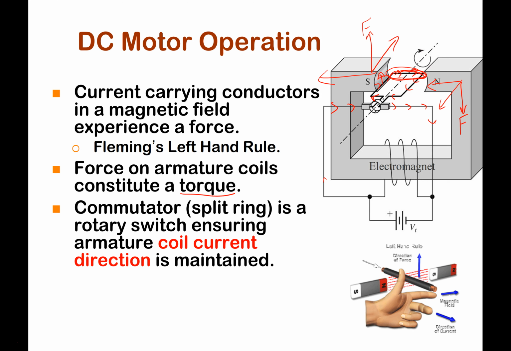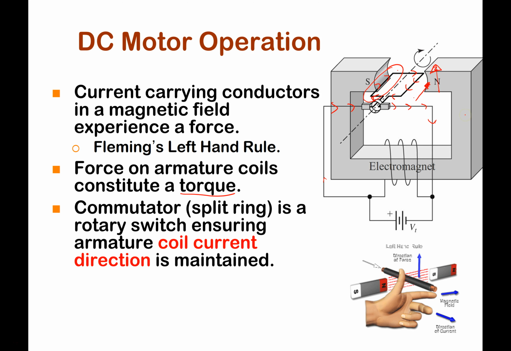Now, one of the problems is if the conductor on this side goes over to this side and the current is still in the same direction through the winding, then when the current was on this side, it would experience a force going upward.